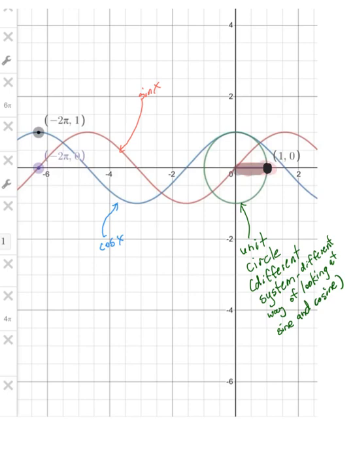So the sine at that point will be 0 because it's not above the x-axis at all, and the cosine will be 1 because it's to the right of the y-axis. When you're talking about the angle for the circle, we're looking at it differently. We're saying 0 degrees, 1, 2, 3, 4, 5, 6 around. Whereas for the actual graph, this is 0, 1, 2, 3, and so on that way, okay?